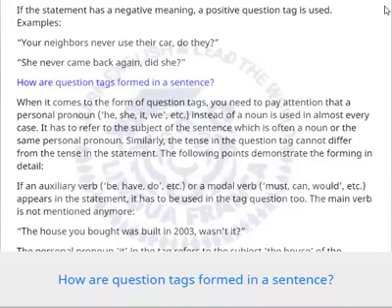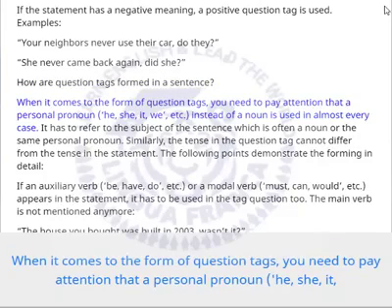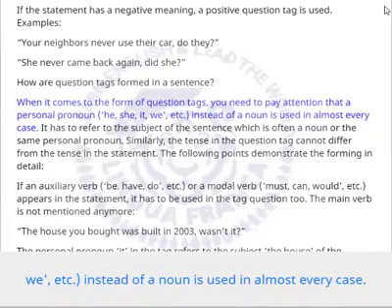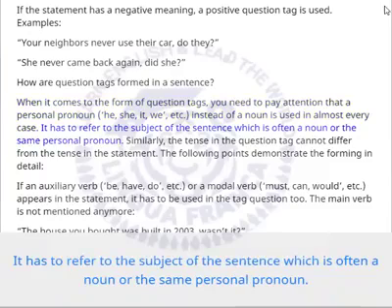How are question tags formed in a sentence? When it comes to the form of question tags, you need to pay attention that a personal pronoun, he, she, it, we, etc., instead of a noun is used in almost every case. It has to refer to the subject of the sentence, which is often a noun or the same personal pronoun.